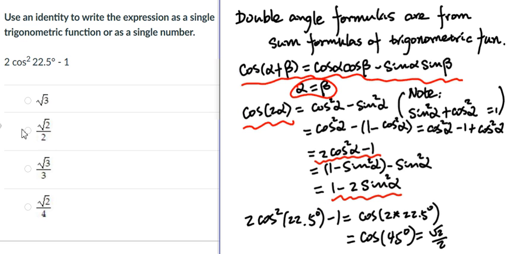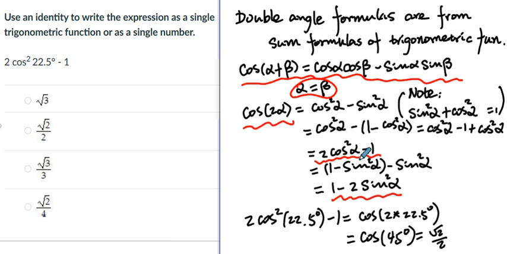So this one you should choose. By the way, previously we used 1 minus cosine alpha squared to replace sine alpha squared. You may also do the same thing and replace cosine alpha squared by 1 minus sine alpha squared. So that would be this one.